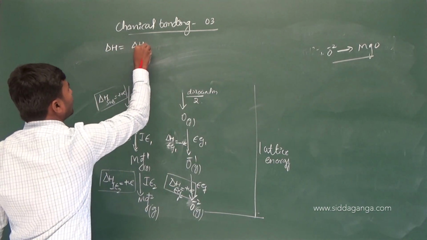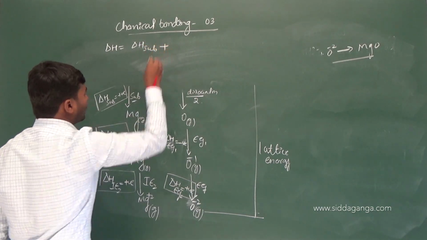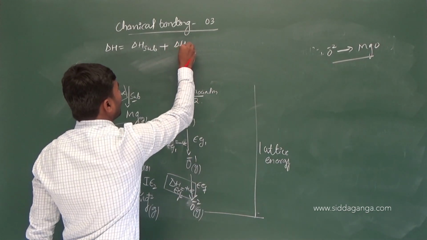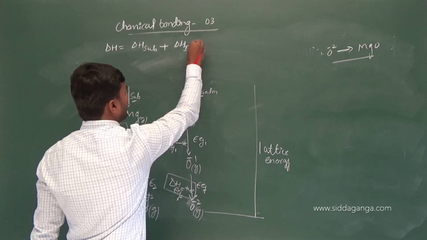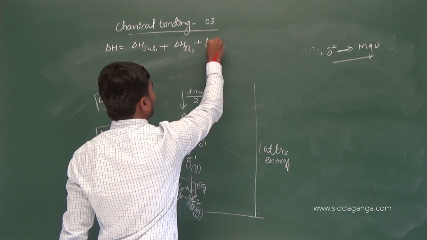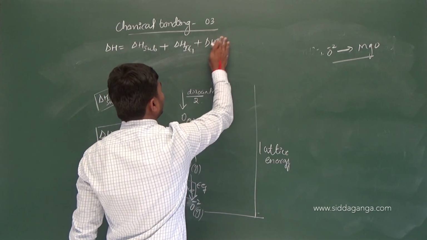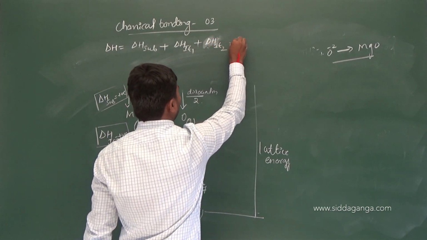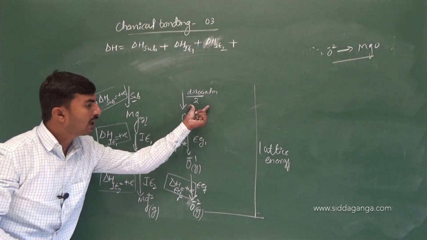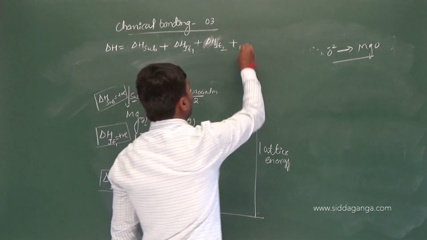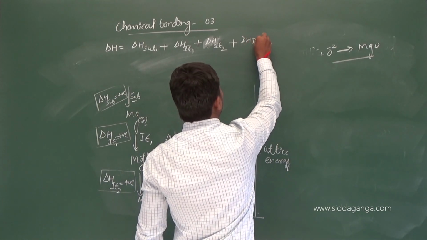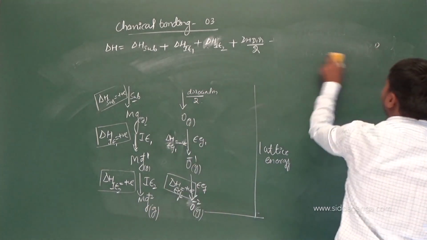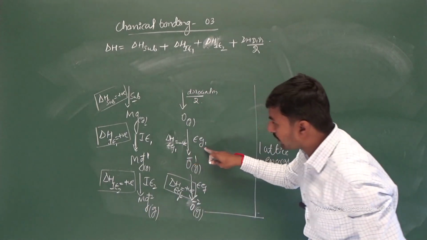Enthalpy of sublimation plus first ionization enthalpy, plus second ionization enthalpy, plus, third, what is it? Dissociation. Enthalpy of dissociation divided by 2, followed by electron gain enthalpy.